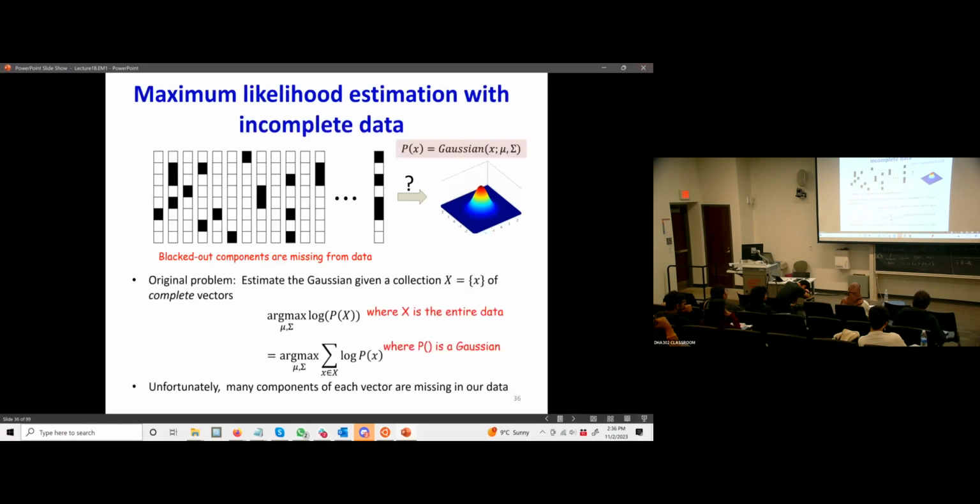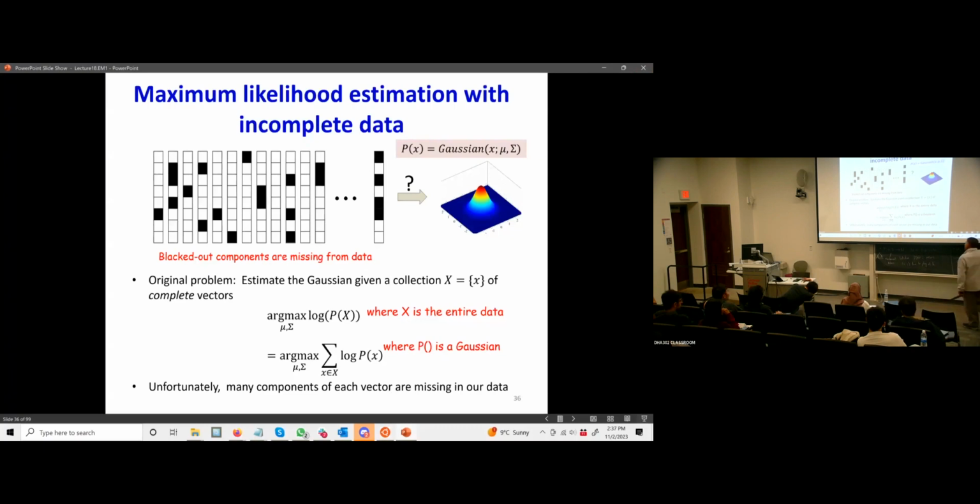Now the original problem, going back to our maximum likelihood problem, we wanted to estimate the Gaussian given a collection of data vectors, but we know how to do this given complete data vectors, right? And a complete data vector X, the uppercase X represents the complete set of vectors.